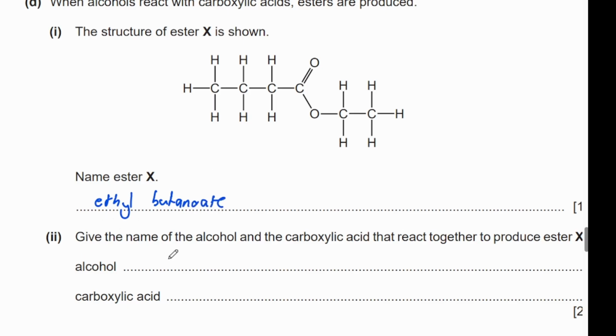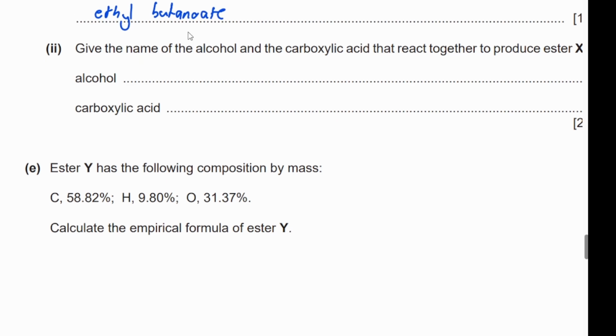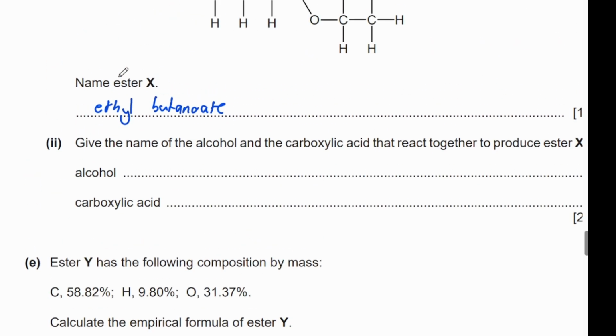Give the name of the alcohol and the carboxylic acid that react together to produce ester X. The alcohol is the front part, so since it's ethyl, it will be ethanol. And the carboxylic acid is the back part, so it has 4 carbons, so it will be butanoic acid.